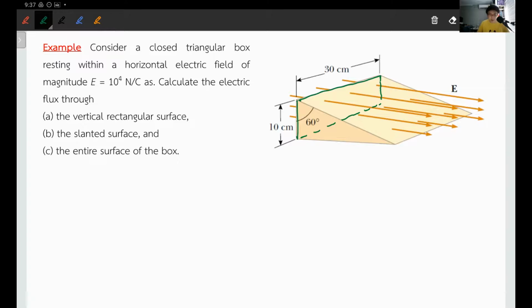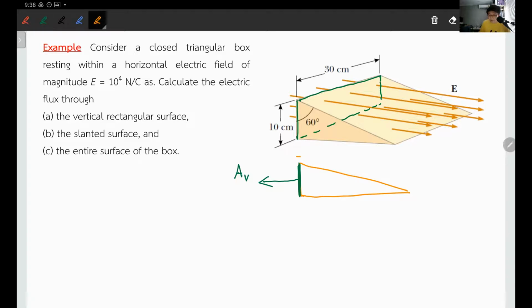Let me draw it sideways, on the side along with it, just to make it a little bit clearer. When you look on the side, this is the vertical surface we are talking about. I'm using the green color for it. The area vector has to point perpendicular to the surface, so let me call this A sub V, for vertical. It's going to have to point to your left in this case, because it has to point outward from the enclosed volume.